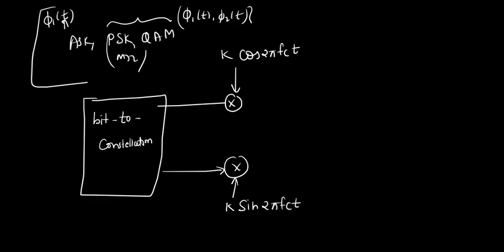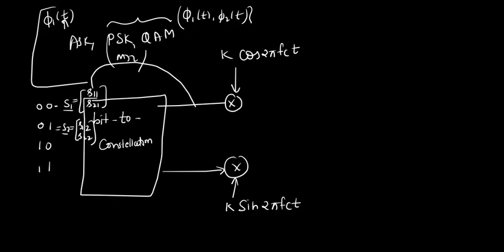Yes or no? Yes, sir. For example, 0 0 will be mapped to the S1 vector which will have two components S11 and S21. 0 1 will be mapped to the S2 vector which is S12, S22 and so on, and the first will go here and the second will go here. You will sum it and you will transmit it.